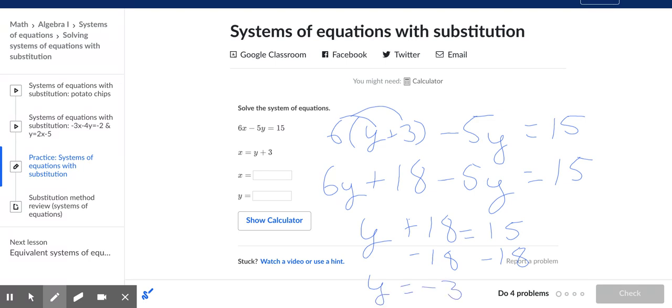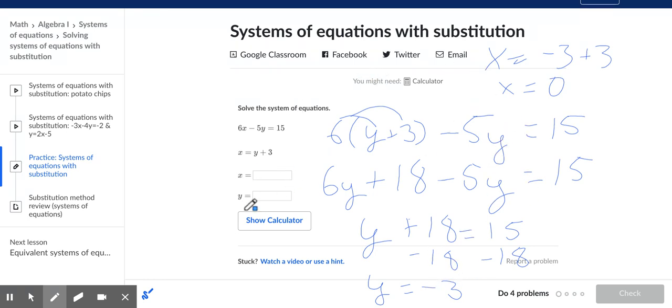So that's my answer for y. And then to get x, I just plug this into the original equation, x equals y plus 3. So x equals negative 3 plus 3, x equals 0. So now I have that information. I need to write these as a coordinate pair.